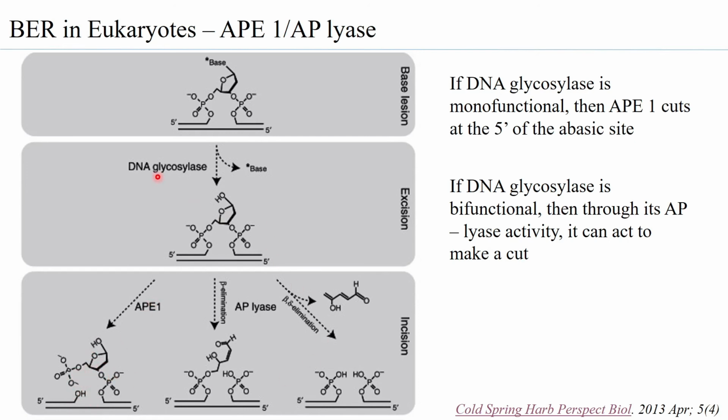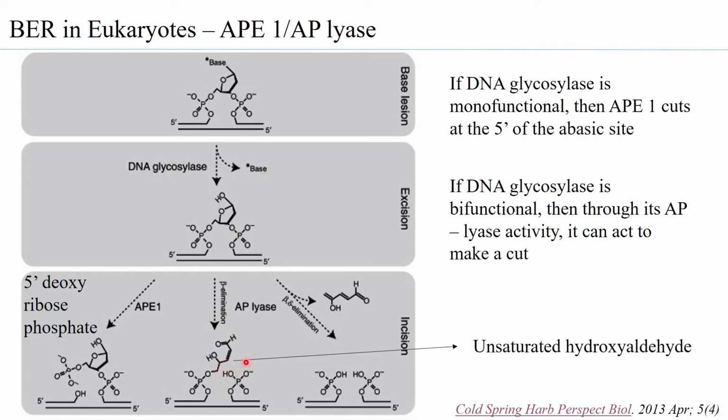The second possibility is that if DNA glycosylase is bifunctional, then after the removal of the base through beta elimination, acting as an AP lyase, you can see that at the 3' end you have a cut being formed, and that cut is enabling formation of an unsaturated hydroxyaldehyde.